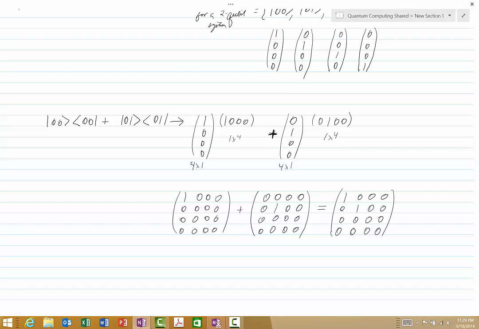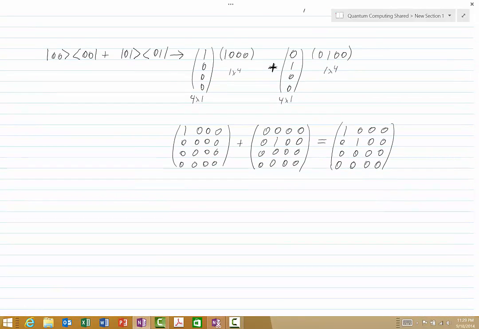So that's the way that we would do a problem for an operator on a two-qubit system. So let's perhaps do one more, and then we'll move to something else.